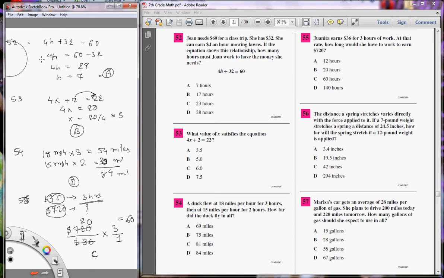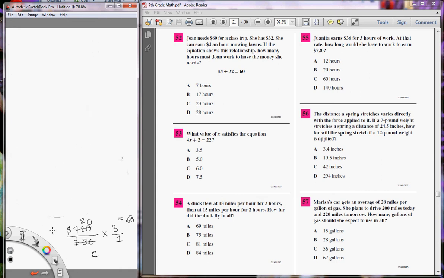Let me clean this up here. Another way you can solve this one is by using a ratio. For example, 36 over 3 is equal to 720 over a question mark. Which number do I multiply both sides by so it equals this side?